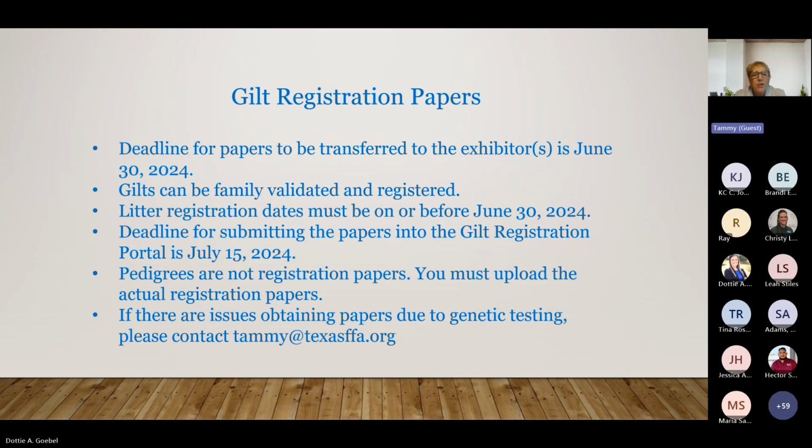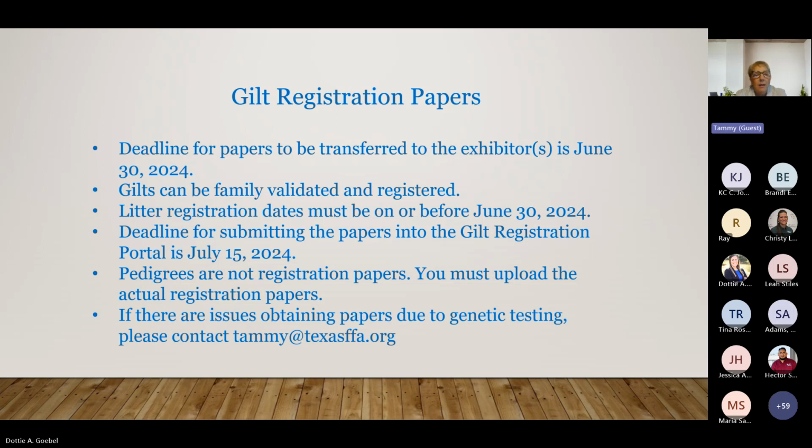Question we ran into last year, we had some gilts that were family validated, but when they registered those gilts, they only put them in one kid's name. That is the only kid that is eligible to show that gilt. So please make sure that your parents understand that if any of the kids are going to be eligible to show, they all must have their names on the registration papers.